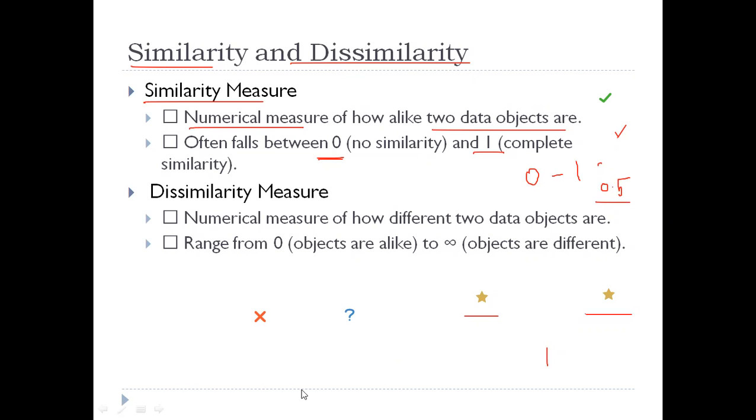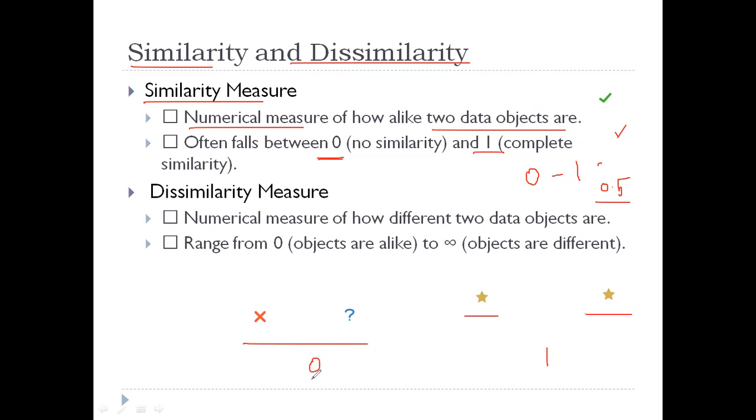Like that, these two data objects are 100% dissimilar. Then we can represent it by using 0, because there are no similarities between these two objects.